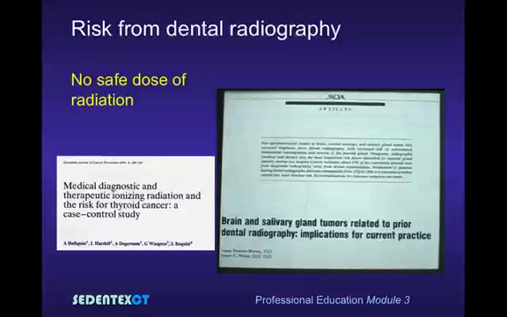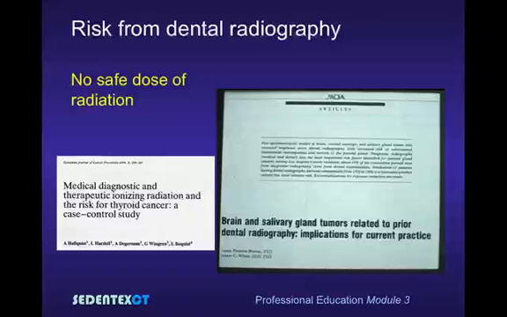Let's move on to the risks from dental radiography. We've said that if we accept the ICRP point of view, there is no safe dose of radiation. But as I also said, real evidence for increased risk of cancer amongst patients exposed to low doses of radiation is very weak.